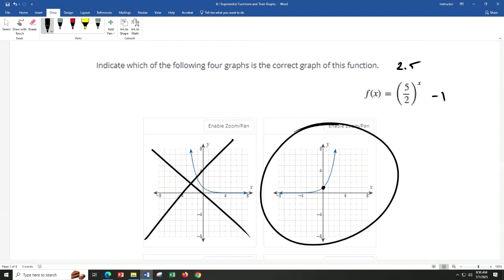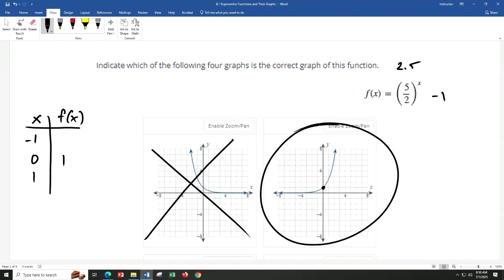Or what you could have done as well, come in here very easily, and you've got f of x, and literally you'd come here with -1, 0, and 1. I know at 0, I've got to have a 1. Just in case, you should put that into your function. I'll give you the other two.